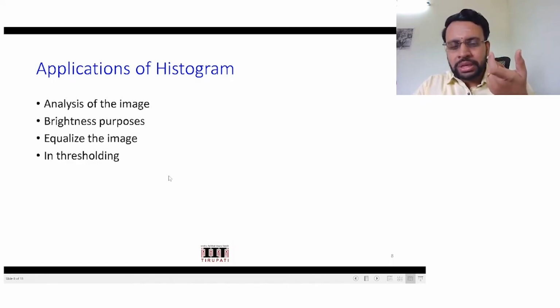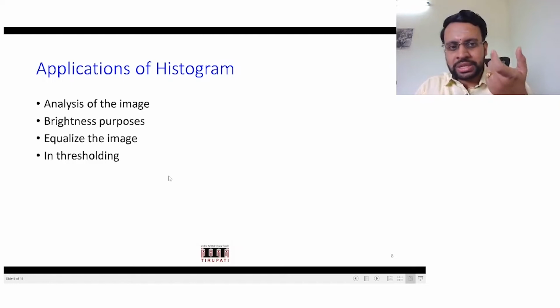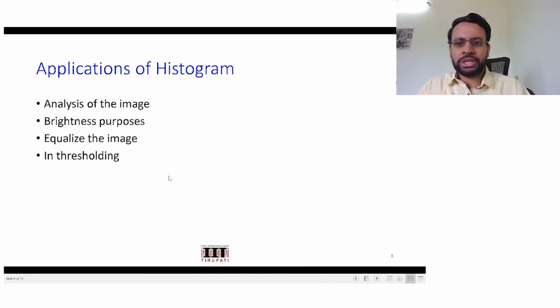Assume the cases where your object of interest has a distinct distribution of intensities separate from the rest of the image. In such cases, in order to get your object of interest either segmented or enhanced, you could use histogram information. There are a few other ways a histogram can be used, and we are going to see a couple more examples in this class.